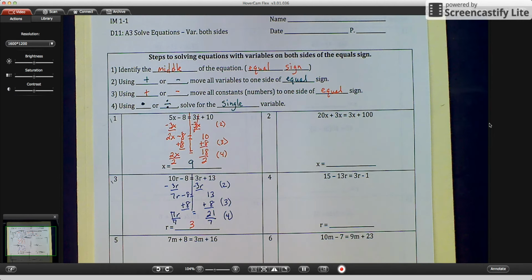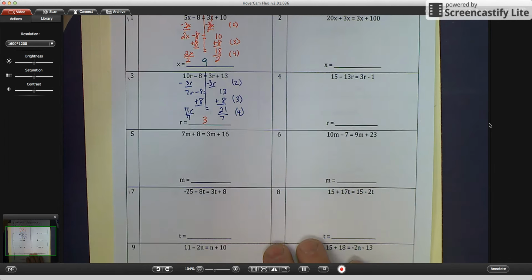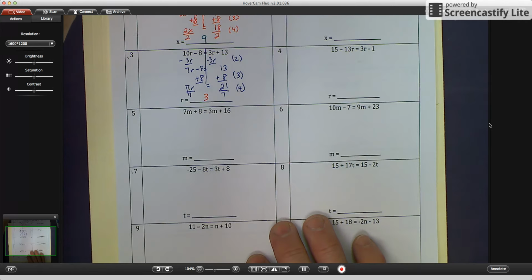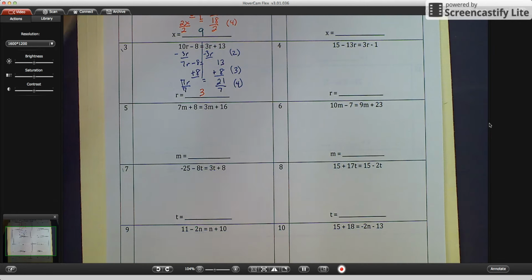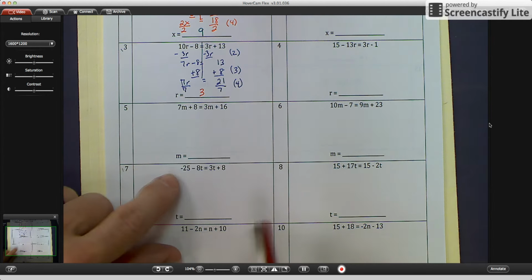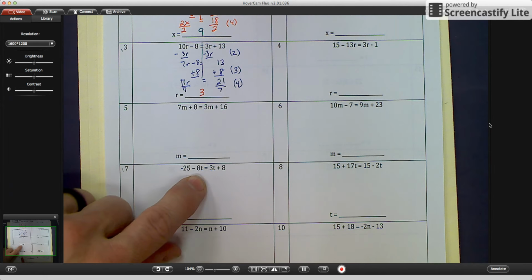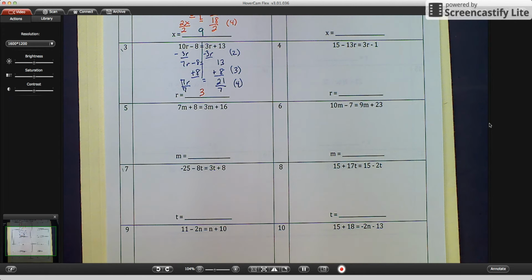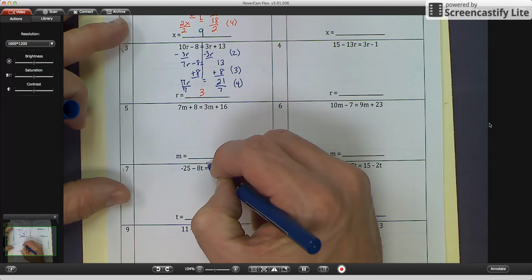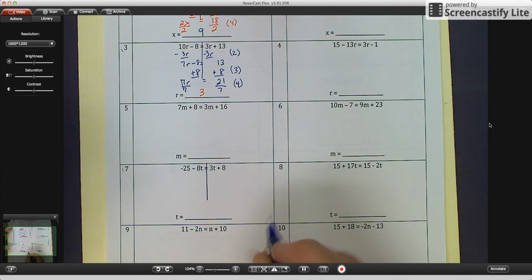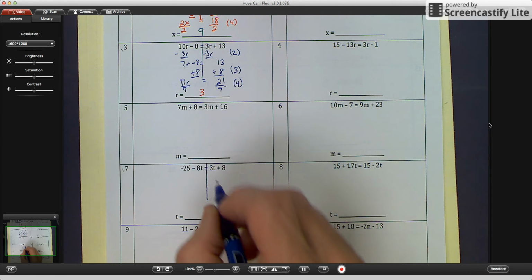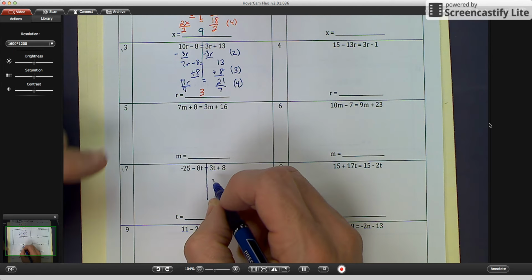Okay, I'm going to skip a couple, and I'm going to come down to number 7. And this will be the last one that I'm going to do on this side. Number 7 looks a little bit different because we start with a number, then we have a variable equal to a variable and a number. So just a little bit of a different order. I'm going to go with my blue again. So step 1, identify the middle of my equal sign. Step 2, using addition or subtraction, move all the variables.